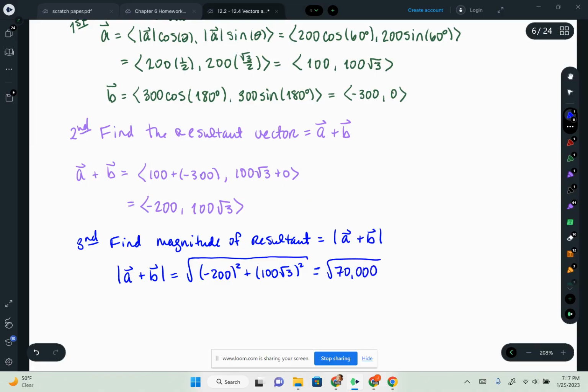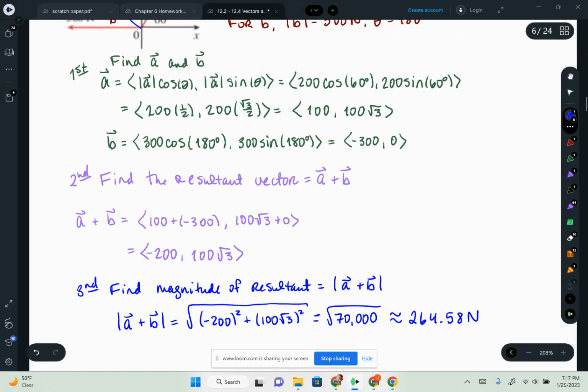That's an exact value. We could simplify it, but usually these problems are asking you to approximate, and they'll say something like to the 100th place. So to the 100th place, this is approximately 264.58 newtons. And of course you want to ask yourself, does that make sense, right?